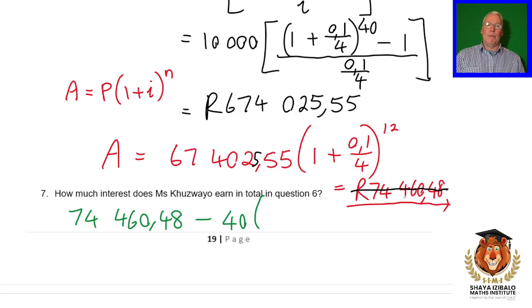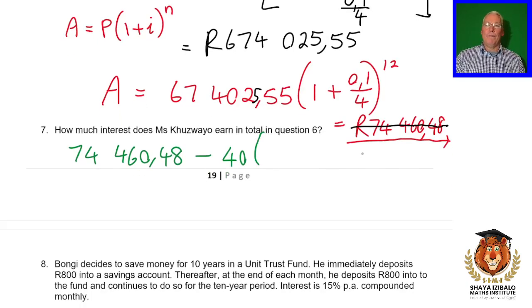So this number is actually just 10 times bigger as well. So it's actually 744,605. I'm just rounding it off. Okay, there it is. So that's roughly how much.